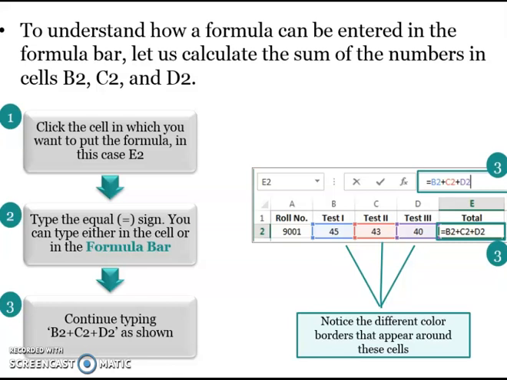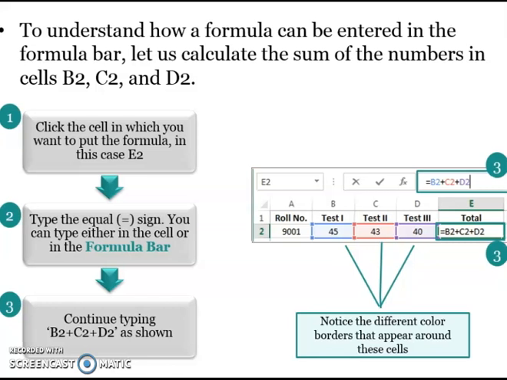The equal sign shows that this is a formula. Every formula starts with the equal sign. This is the thing which you have to remember. When we enter the cell references, you can see that the color changes. Every cell has a different color. This means that these cells are selected.